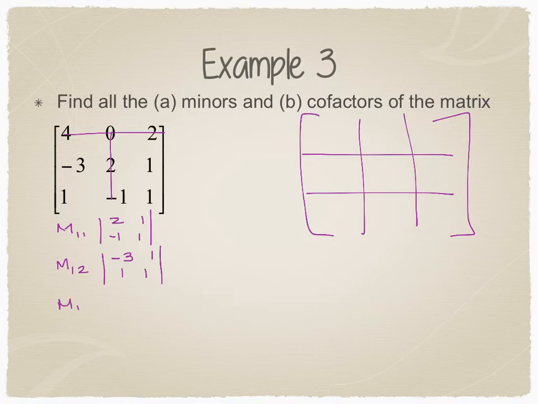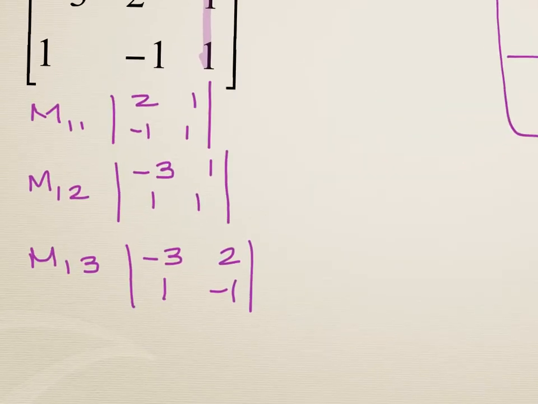And then I'm going to go row 1, column 3. So this time, row 1, column 3. And I find the determinant of what's left. Negative 3, 2, 1, negative 1. So from each one of those little boxes, we have to do the fish.